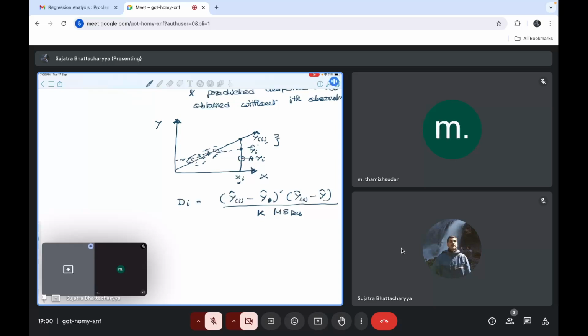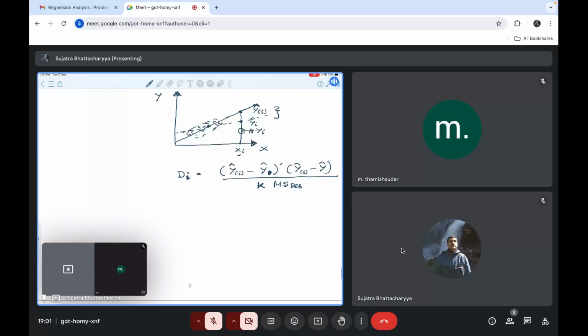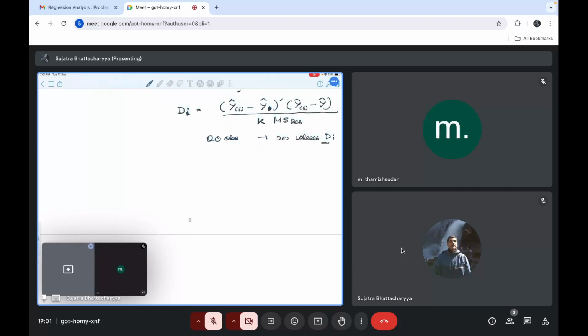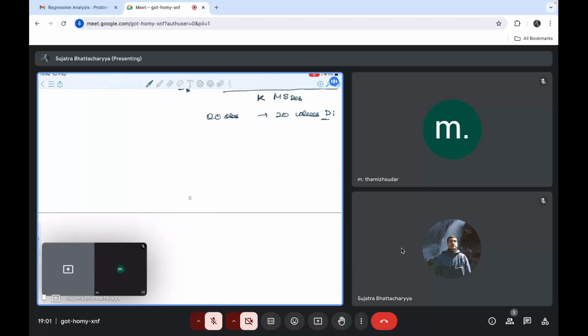So as you can see, this is d of i. For each and every observation, you have to calculate it. So if there are 20 observations, then you will have 20 values of di, and in each of these, one of the observations has to be removed. Let me make it more clear.